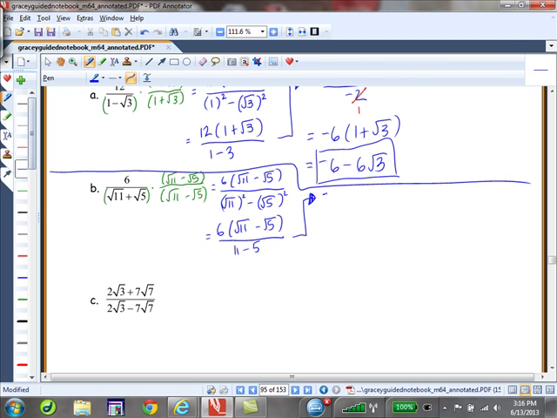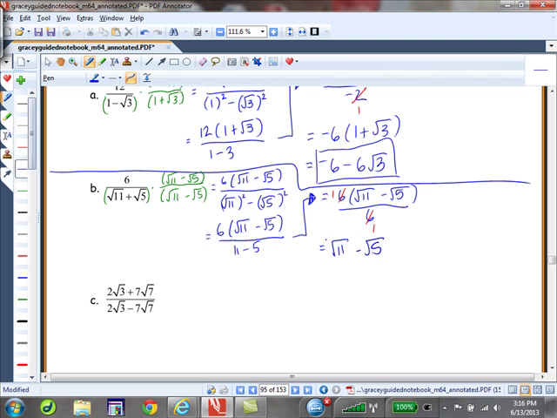And we will have 6 times root 11 minus root 5 over 6. So notice that the 6 divides out to be 1. And at the end of the day, we get a result of root 11 minus root 5.